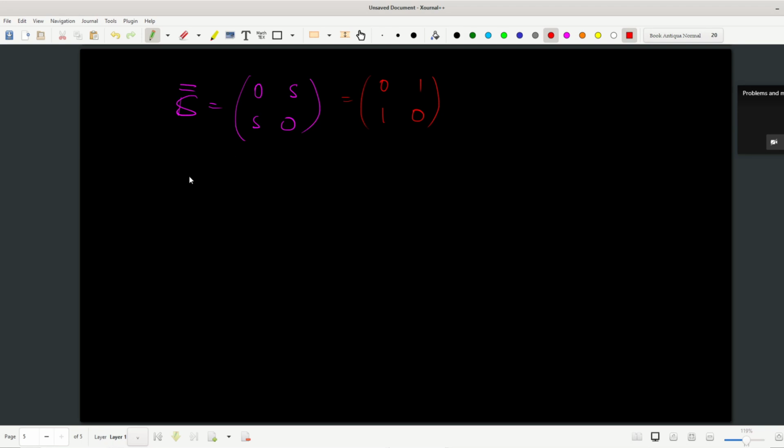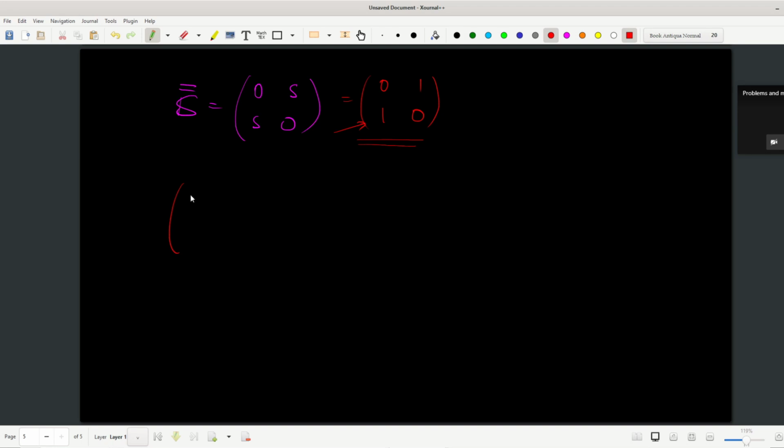Anyone? Determinant of S minus lambda I is equal to 0, and the eigenvalues and eigenvectors. So basically they are asking us to find the eigenvalues and eigenvectors. So what are the eigenvalues of this?